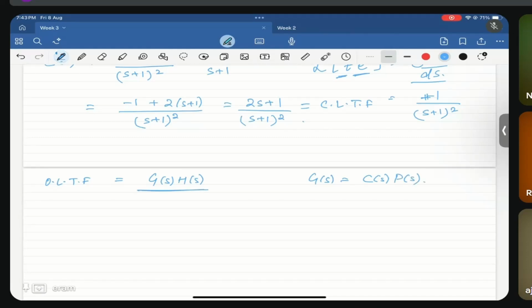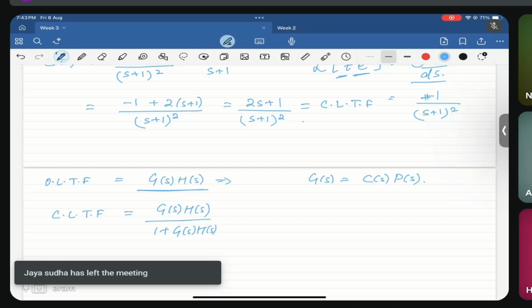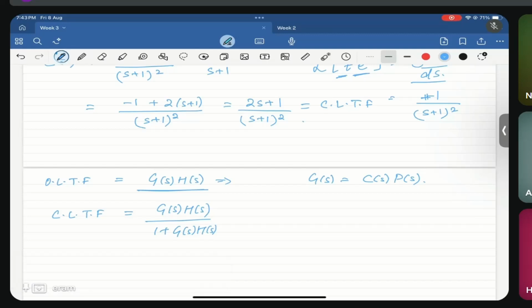And we know that the closed loop transfer function for a negative unity feedback system is written as G(s) upon 1 plus G(s)H(s). Let's call the open loop transfer function P(s). So we are given P(s) by 1 plus P(s), and this is 2s plus 1 divided by s plus 1 whole square.